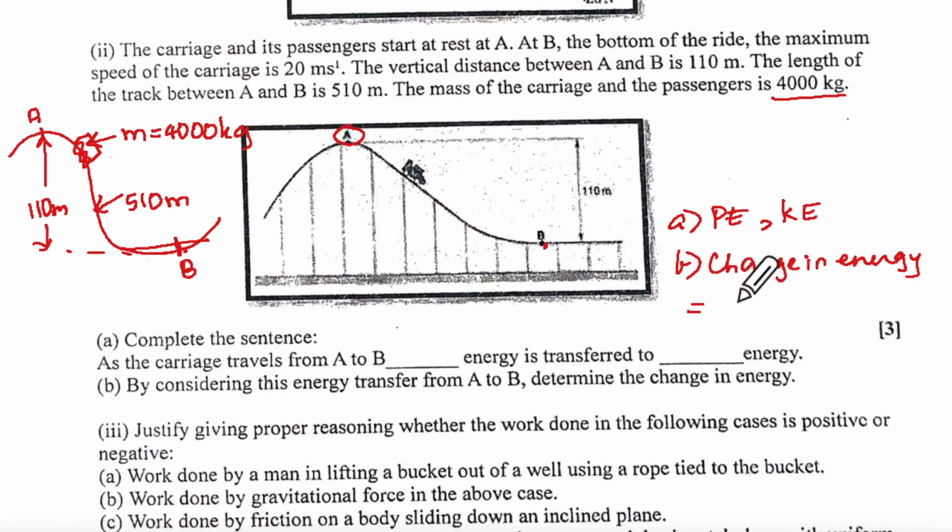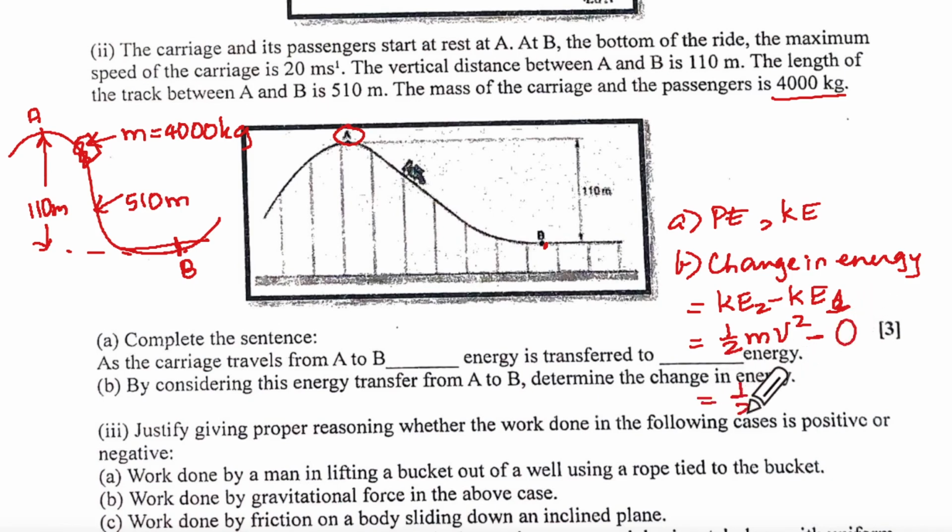Either you can do that or you can say mgh1 and mgh2. I think I will say KE2 minus KE1. This way also I can do. So that will be KE2 minus KE1, minus 0.